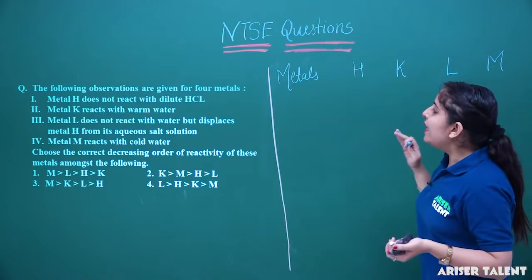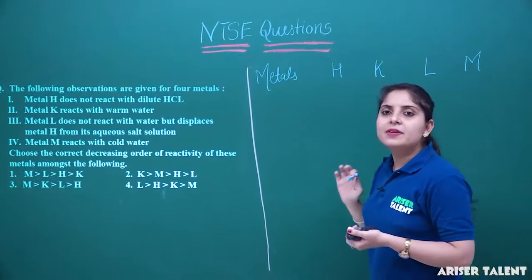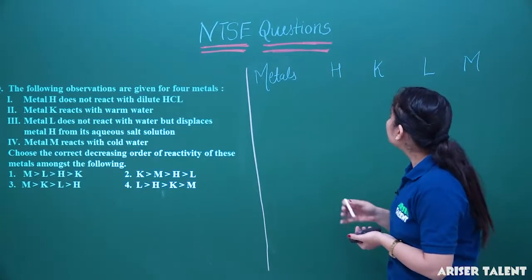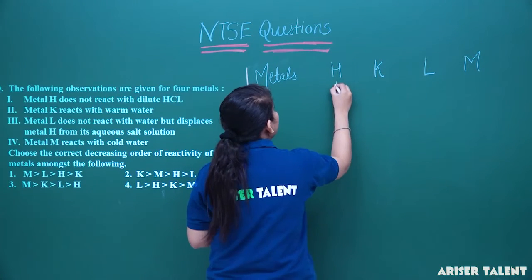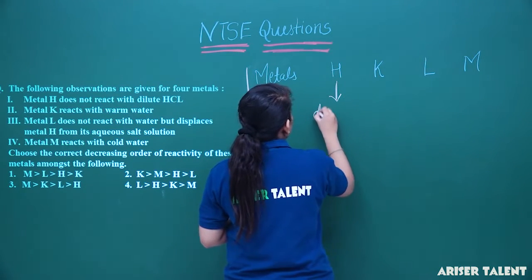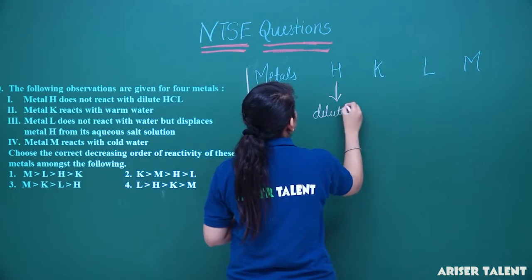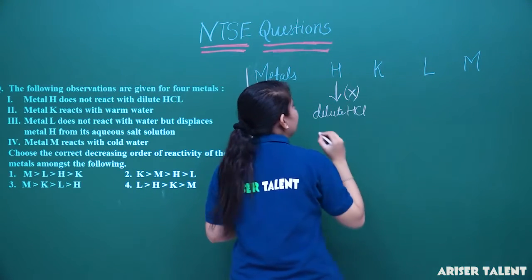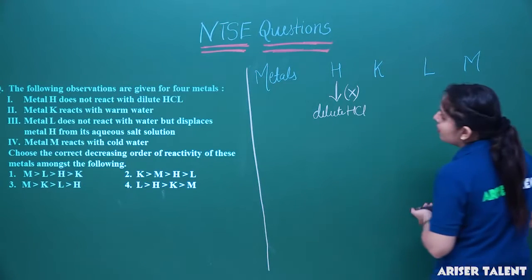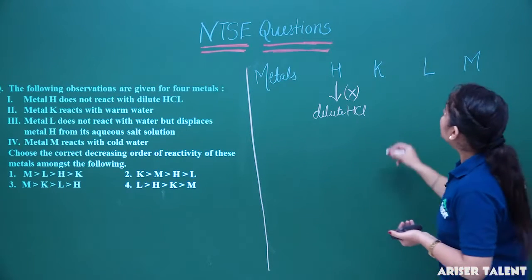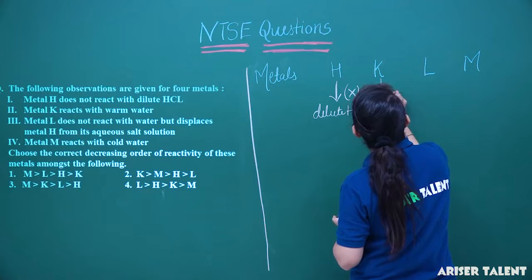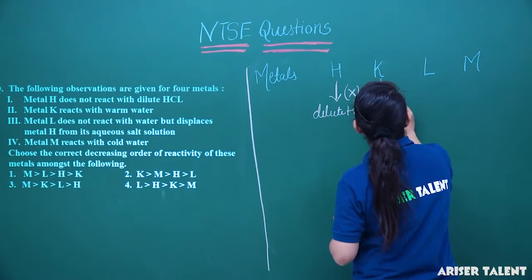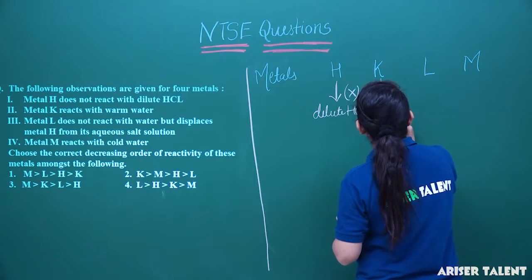Now metal H does not react with dilute HCl. What is the first statement saying? This metal H is not reacting with dilute HCl. Dilute HCl के साथ ये कोई reaction show नहीं कर रहा है. अगर हम K की बात करें तो K is reacting with warm water.